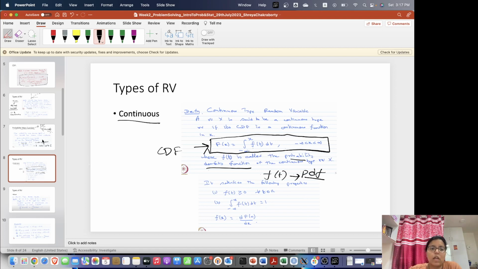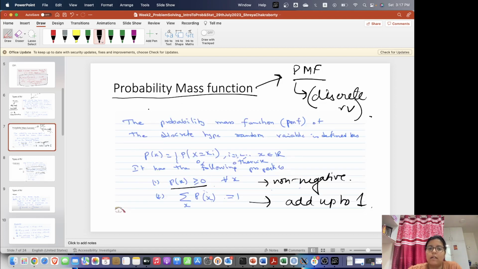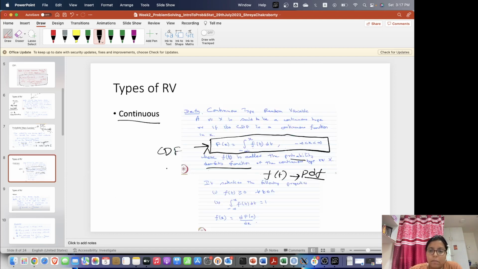Whenever I'm talking about PMF, I'm talking about a discrete random variable, and whenever I'm talking about a probability density function, we are talking about a continuous random variable. And these properties we should remember. These are analogous to the discrete cases as well.